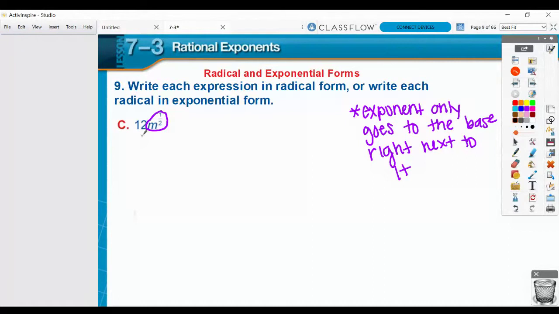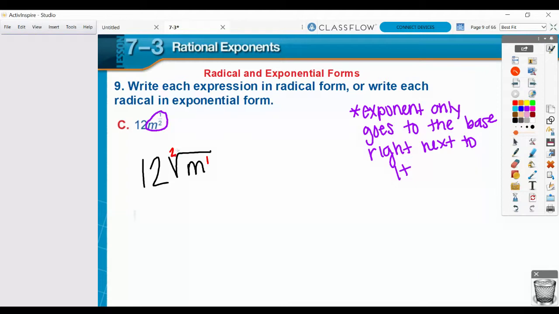So the 12, we're just going to rewrite, and it's going to stay outside of the radical. And I'm going to draw my radical. Okay, the m is going to go underneath the radical, and then the 1 would go here, and the 2 would go here.